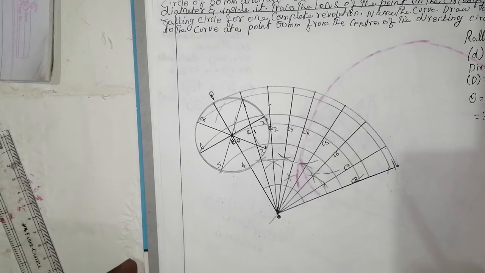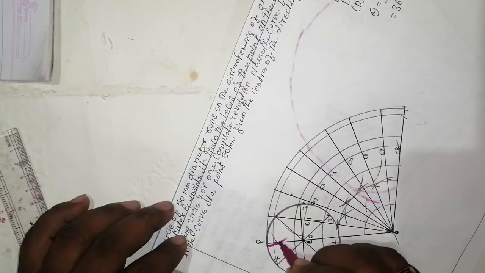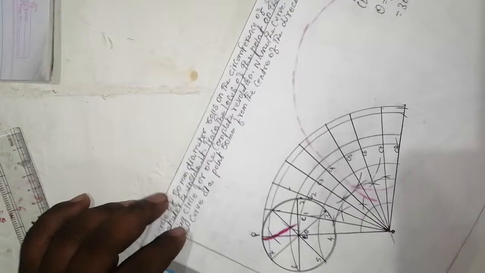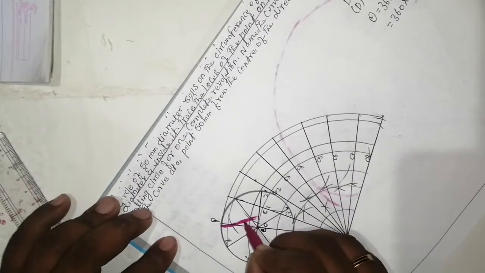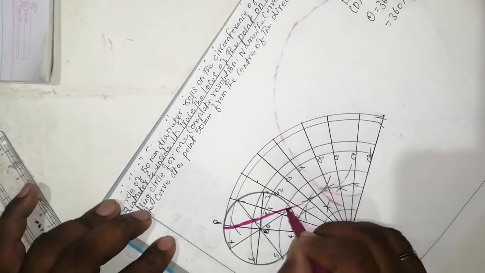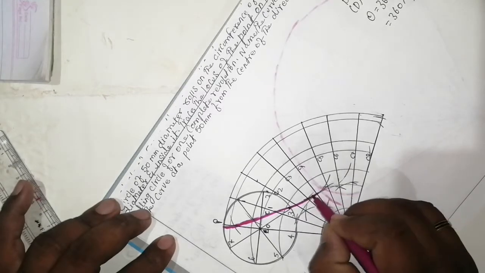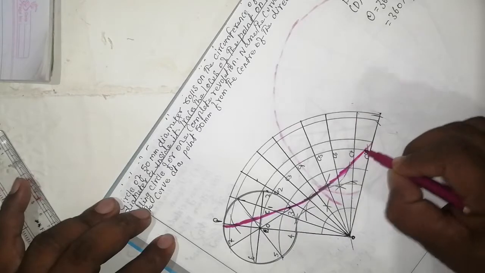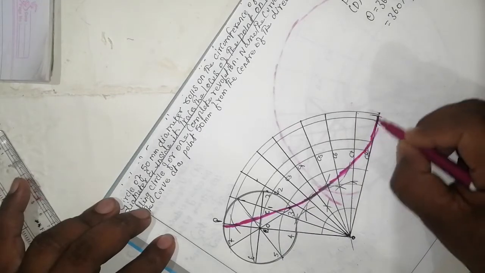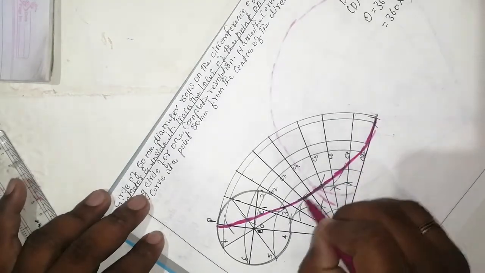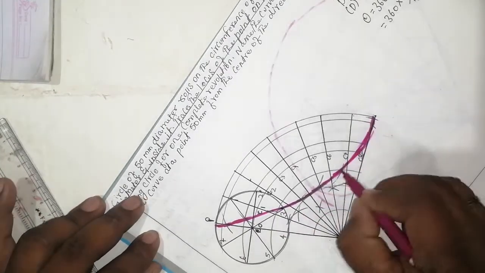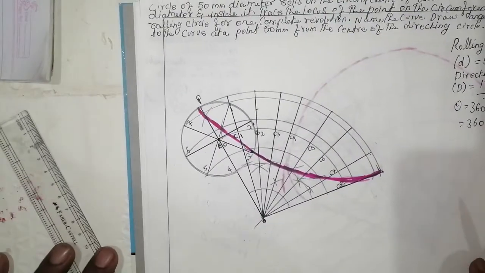So the circle will come. This is the hypocycloid method.